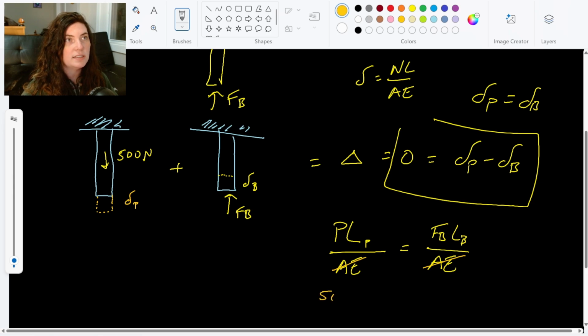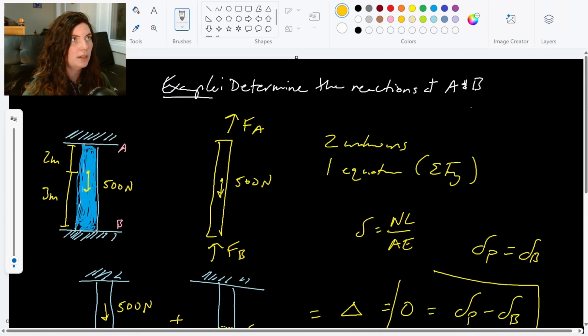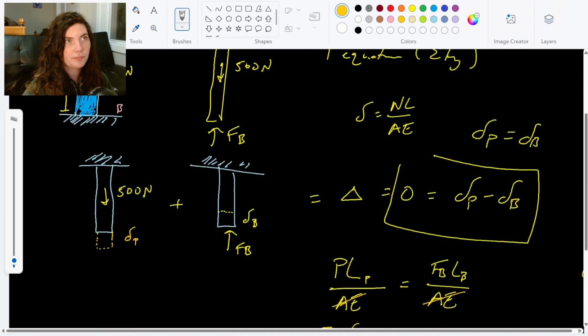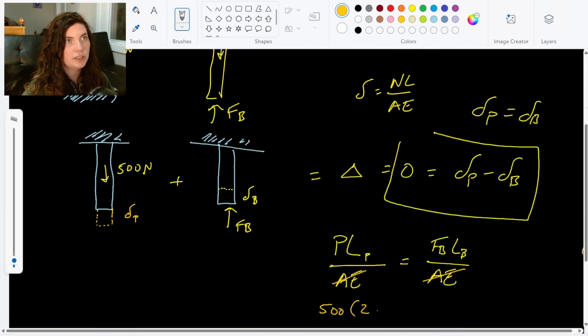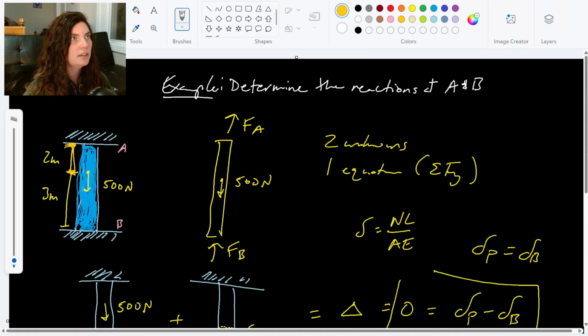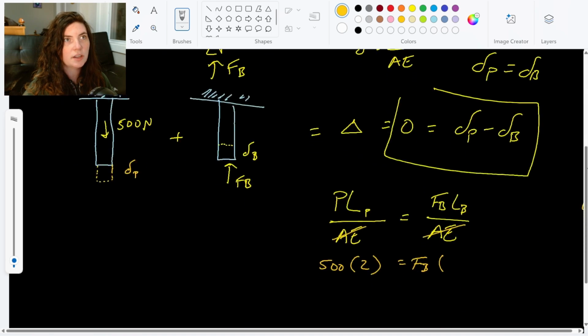And what we get is 500 newtons, that's our P, times the length that P acts over. It's axially loaded. P is acting over this 2 meter area here from our axial load. So 500 times 2 meters equals FB times the length of FB. That overall length was 5 meters.